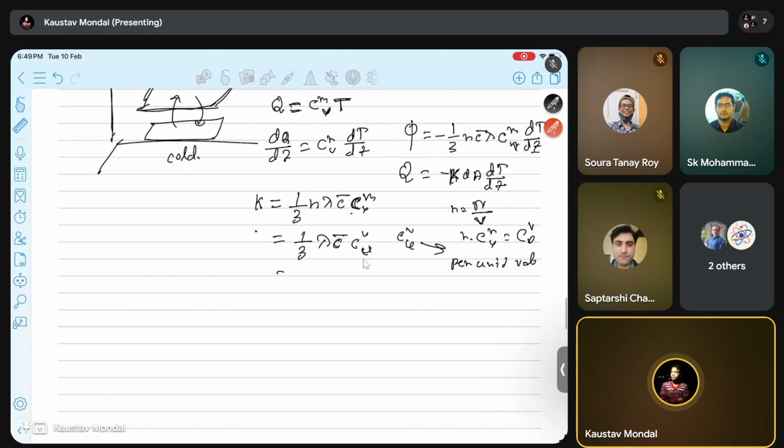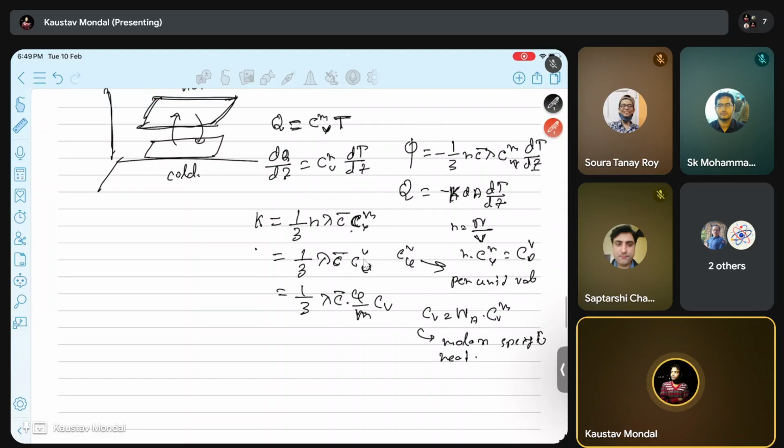Also you can write it like this: 1/3 lambda c-bar into rho/m C_v, where C_v is the molar specific heat at constant volume. So C_v is N_A into C_mV, which is the molar specific heat. Here also you can write kappa equal to 1/3 lambda expression.